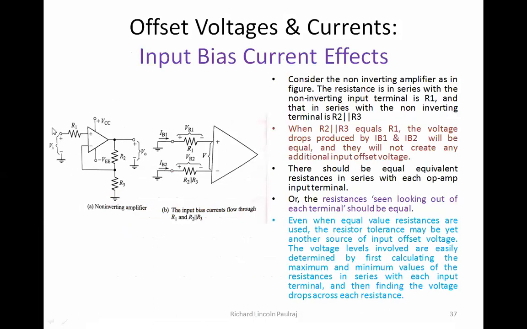If these resistances are not equal, R2 and R3 become parallel, the voltage divider concept, and I will put this form of resistance here. This is the resistance I'm talking about. This resistance and the resistance R1 should be equal. Why? Because whatever currents are flowing through should have equal drops. If there are no equal drops, then what is going to happen?